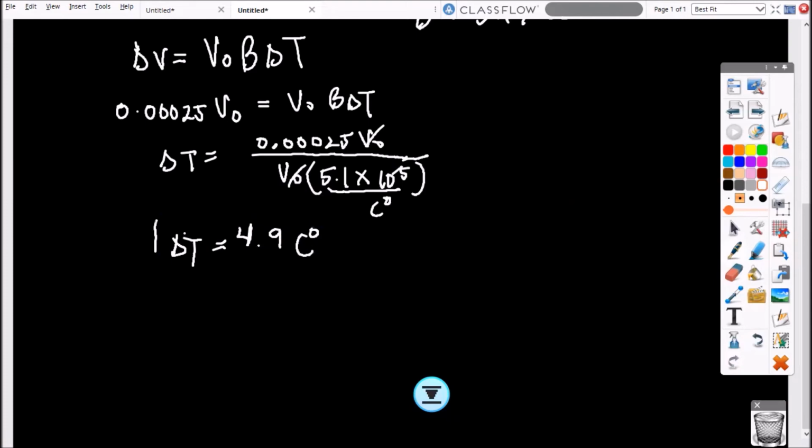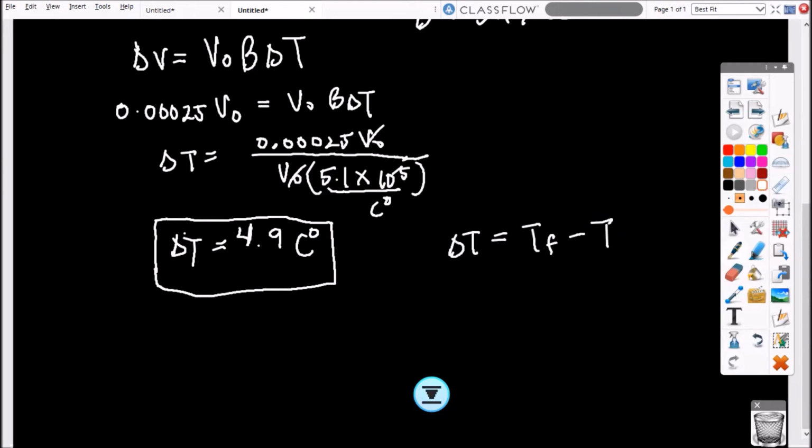Alright. So this is not what is asked in the problem. The problem is asking for the final temperature. So we know that the change of temperature should be final temperature minus initial temperature. So the final temperature here will be the change of temperature plus the initial.